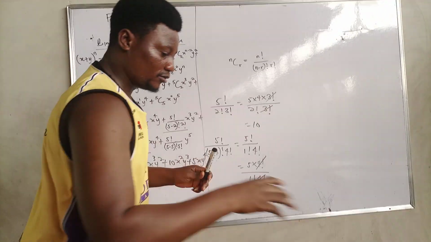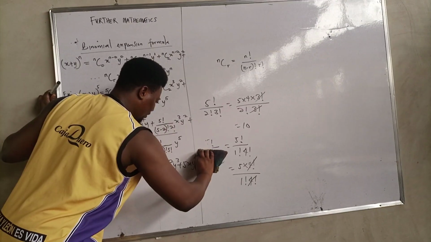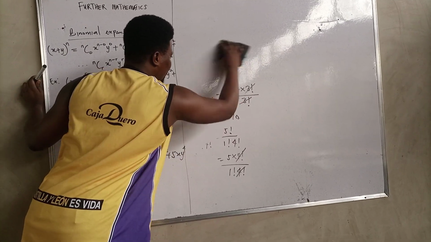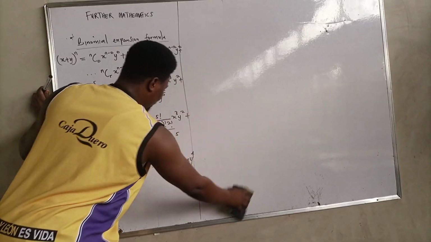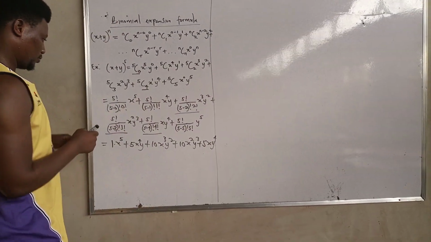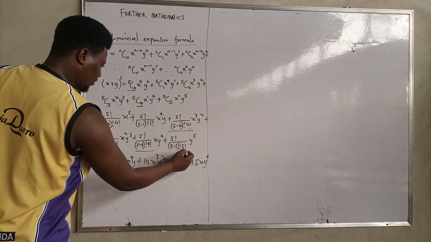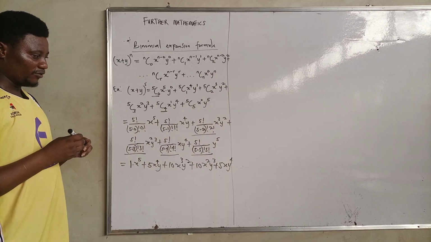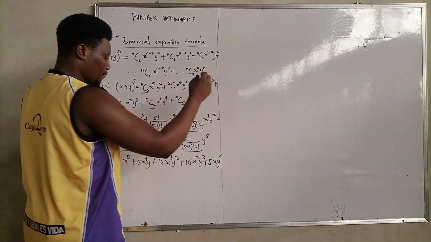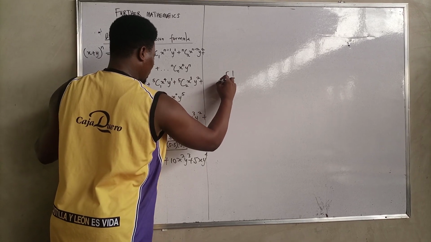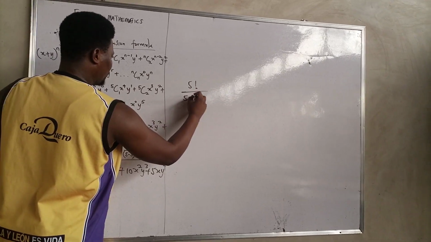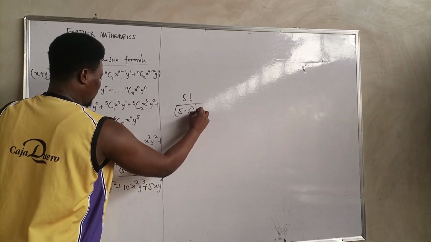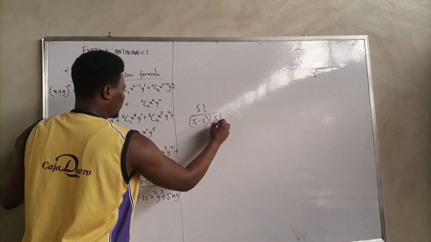Still moving on. Lastly there, we have this, and that is going to give us 1 also. That is to say 5 factorial over 5 minus 5 factorial, 5 factorial.